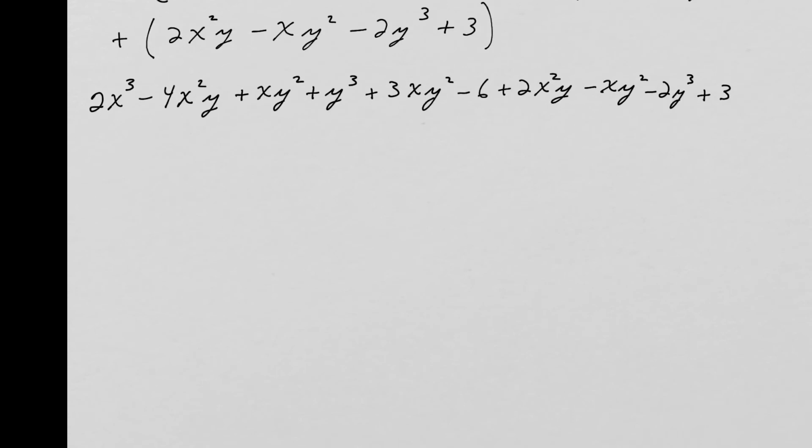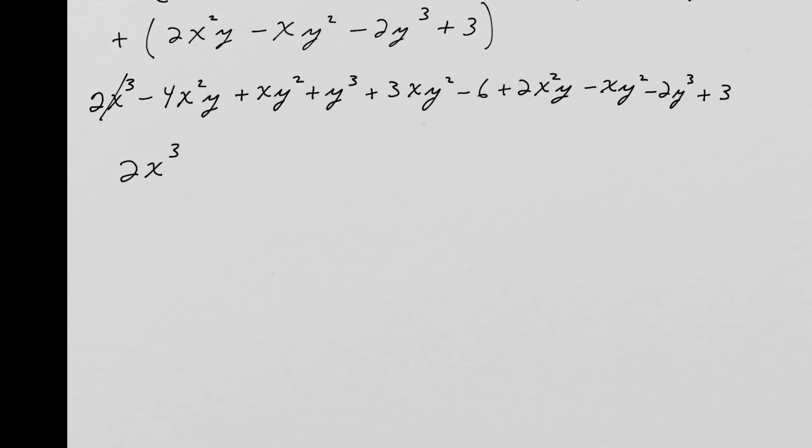Okay, so now I need to combine like terms. So where do I start? Well, it's sometimes not obvious, especially if you have a polynomial in two variables. So I'm just going to start with the first term, 2x cubed. Do I have any more x cubed in here? Let's see. Doesn't look like it, right? So that's the only x cubed term, so I'm just going to leave it as 2x cubed.